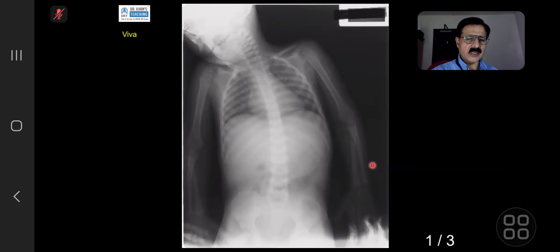Now look at this. This is a classical exam case. It's from our departmental teaching files, a very old film, and we have scanned it, and it was a hard copy. But this is classical stuff. What we see here is erosion of the metaphyses.